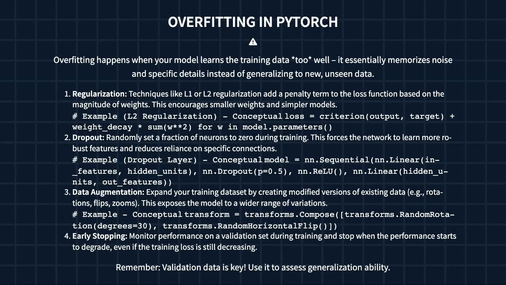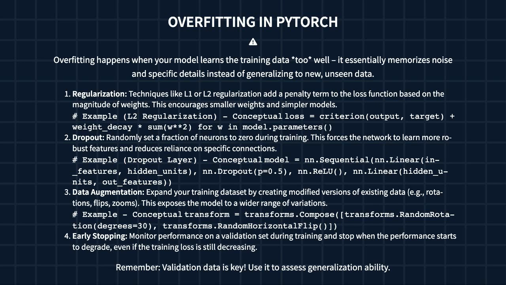Okay, so let's talk about overfitting, a common problem when building PyTorch models. Basically, your model becomes too good at memorizing the training set and struggles with new data. There are several ways to combat this. Regularization techniques like L2, or adding penalties based on weight size, can help keep things simple.